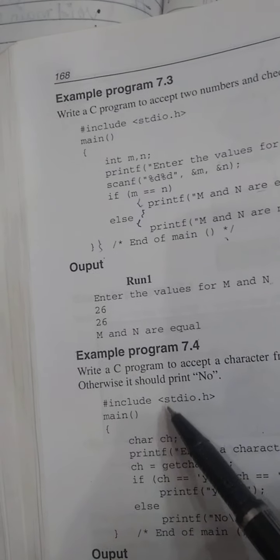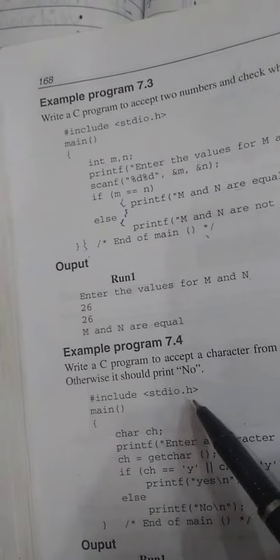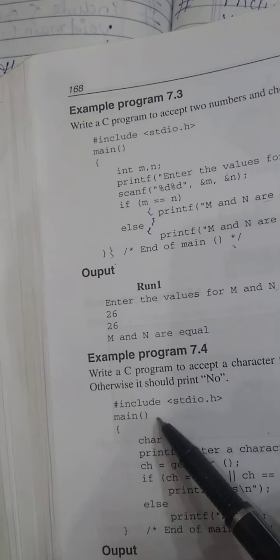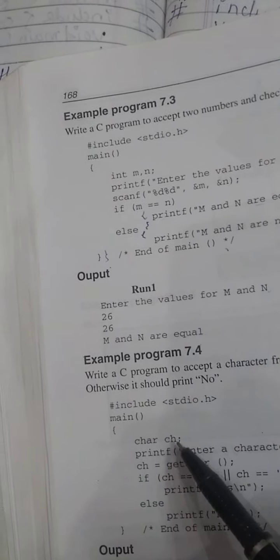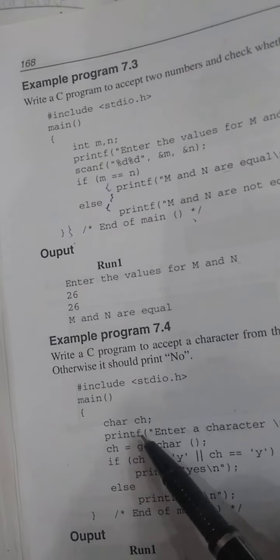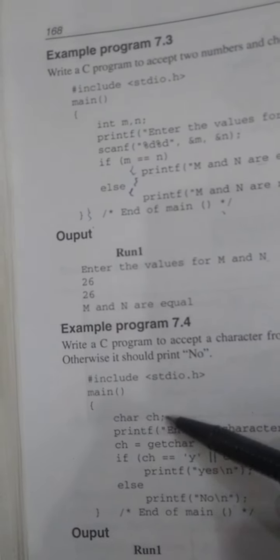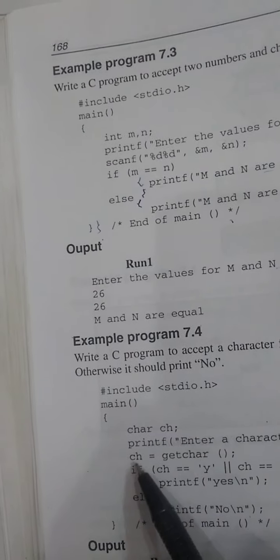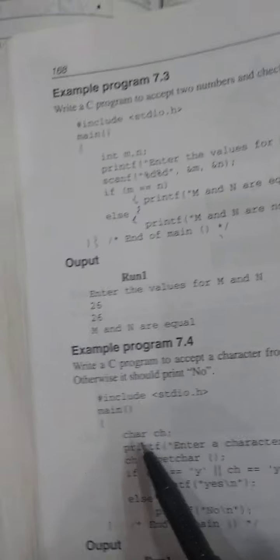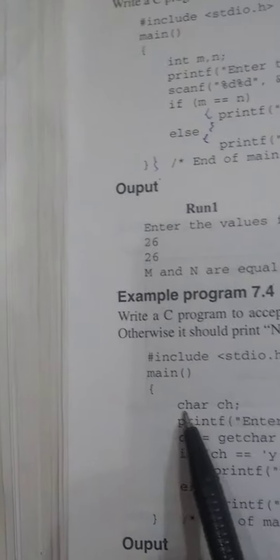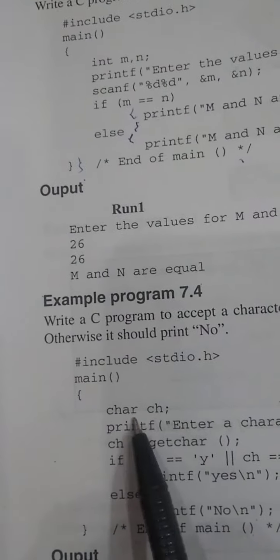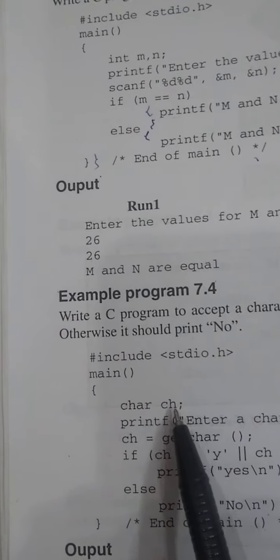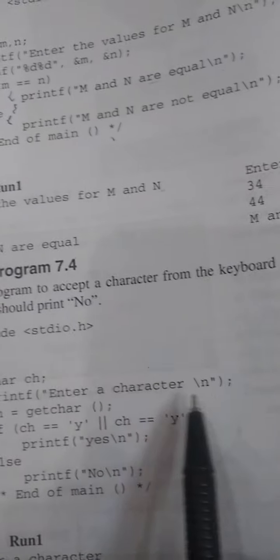Hash include stdio.h. This is the main function that starts with the left curly brace, and the character variable ch, ended with a semicolon. Here this is a character, so it is not a float and not an int. We read the character, so you take char ch and then printf, enter the character.